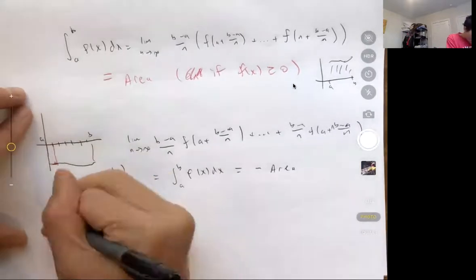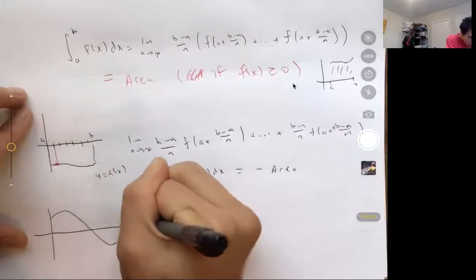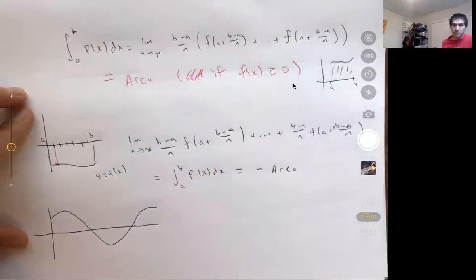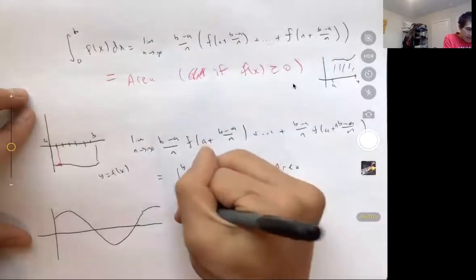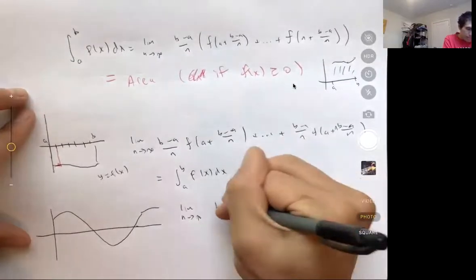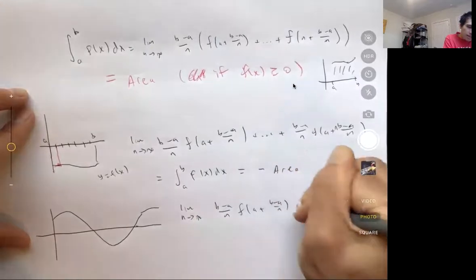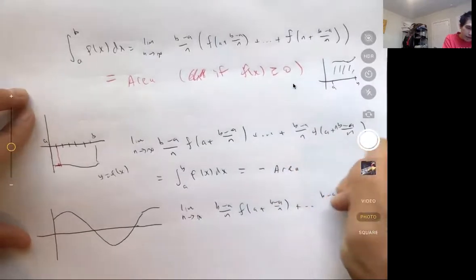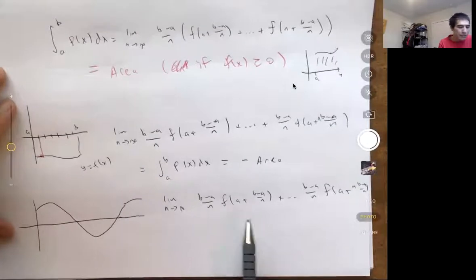And so when I have a function that takes both positive and negative values, something like this, when I compute this sum, so forget about the limit for the moment. When I compute this sum, b minus a over n times f of a plus b minus a over n, all the way up to b minus a over n times f of a plus n times b minus a over n, some of these terms are going to be positive and some of them are going to be negative, right?